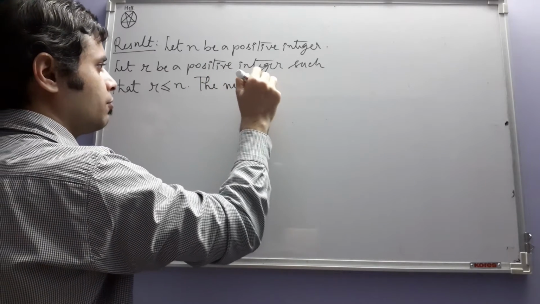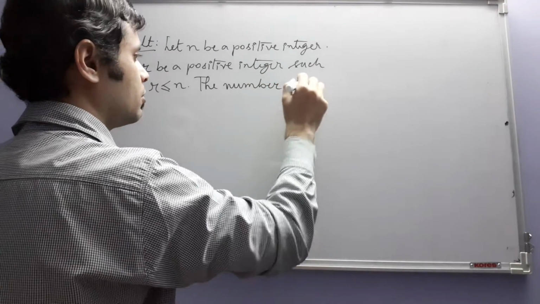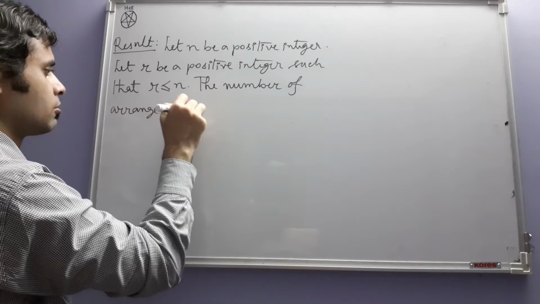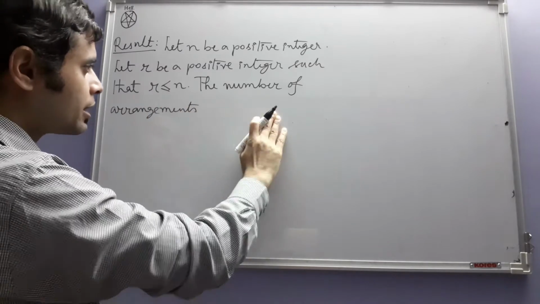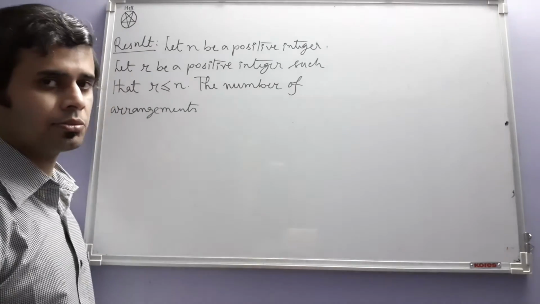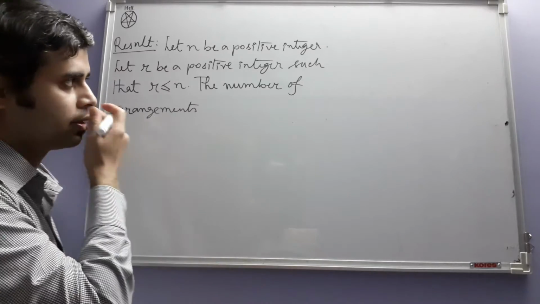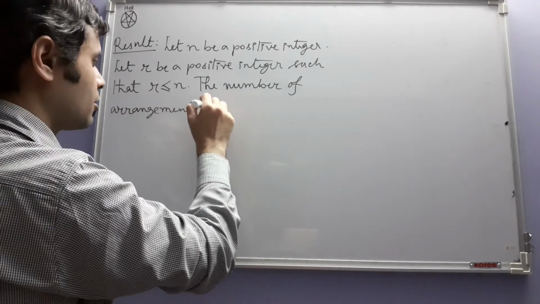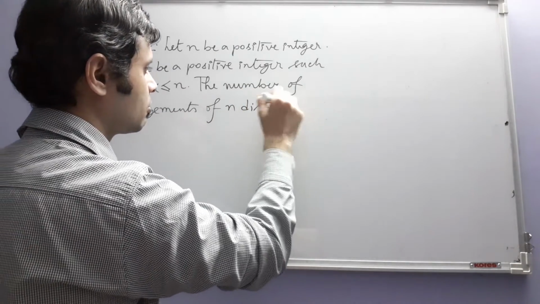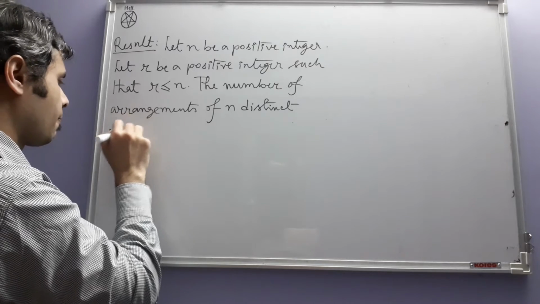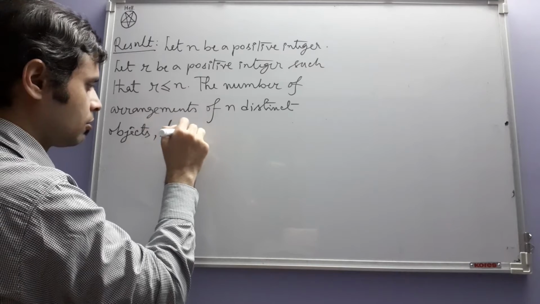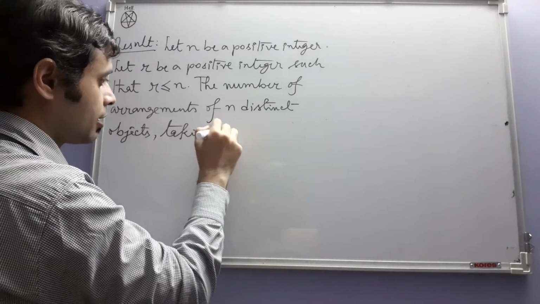The number of arrangements along a line, I think I can also write the number of linear arrangements, but I am not so sure about the terminology. Anyway, the number of arrangements of n distinct objects taking r at a time.